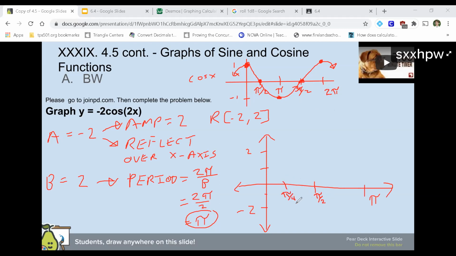And then the 3/4 way point, or halfway between these two, would be 3 pi over 4. Another way to get those interval markings is just to take the period for your function and divide it by 4. That tells you the interval for your key points.